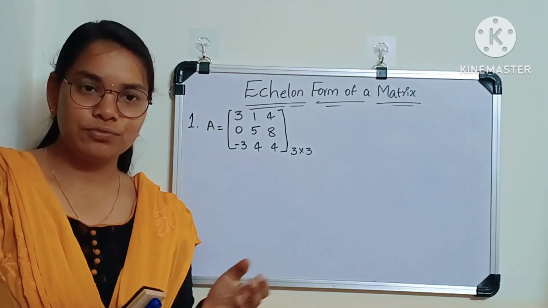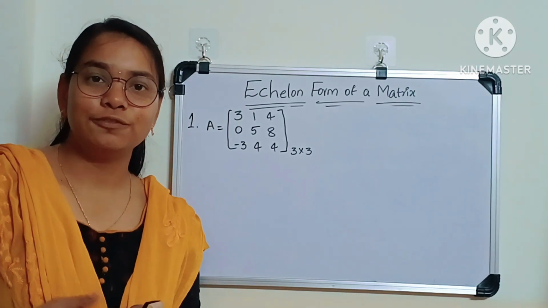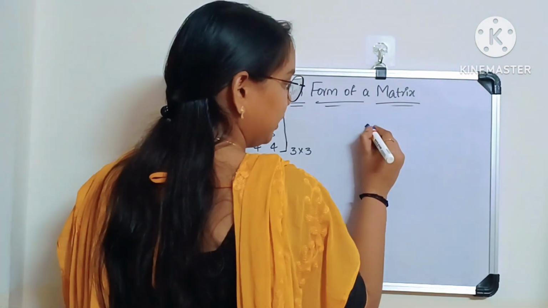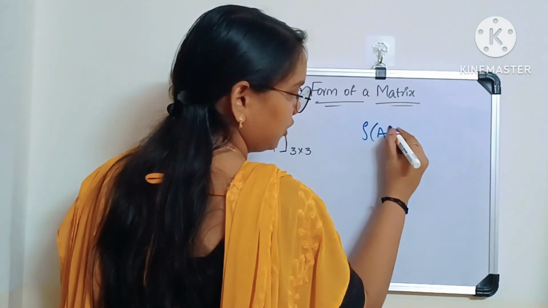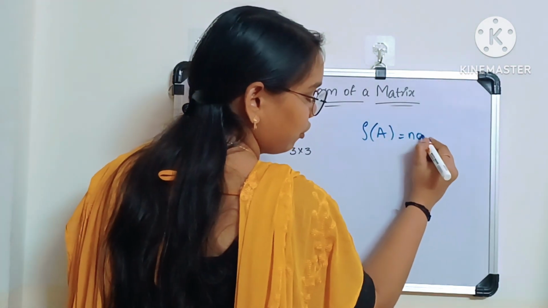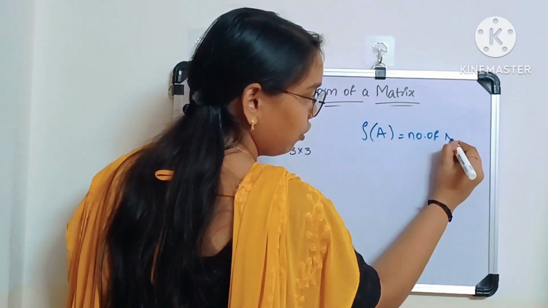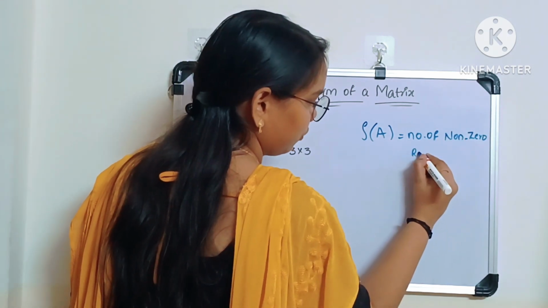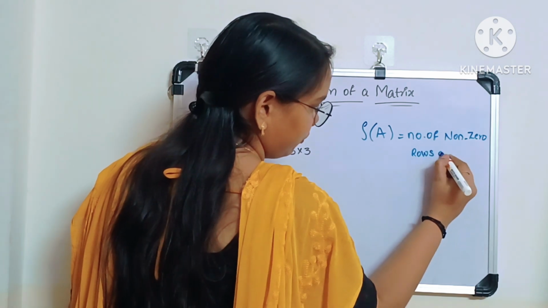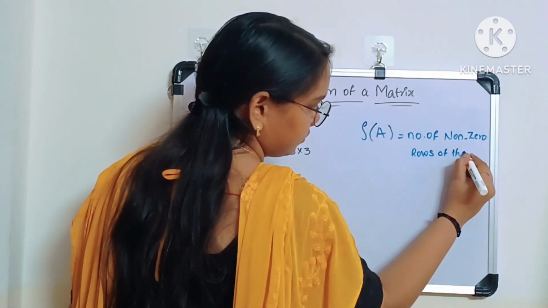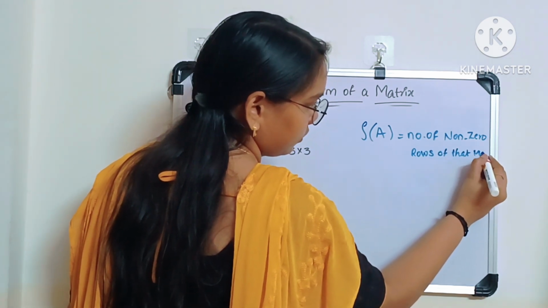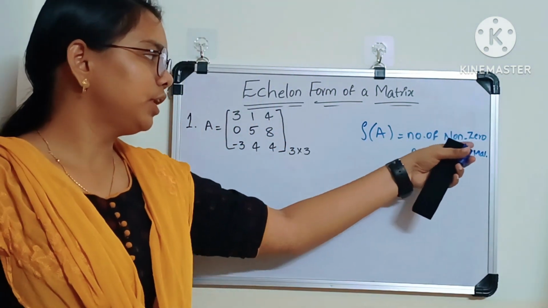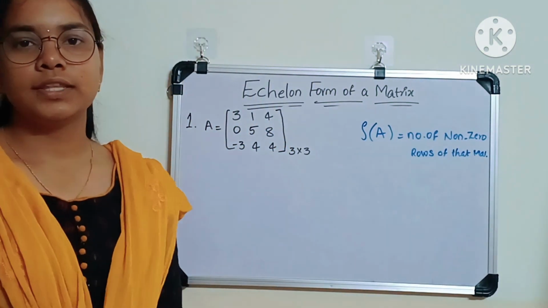In echelon form of a matrix, the rank of the matrix, which is equal to the rank of any given matrix, is equal to the number of non-zero rows of that matrix.